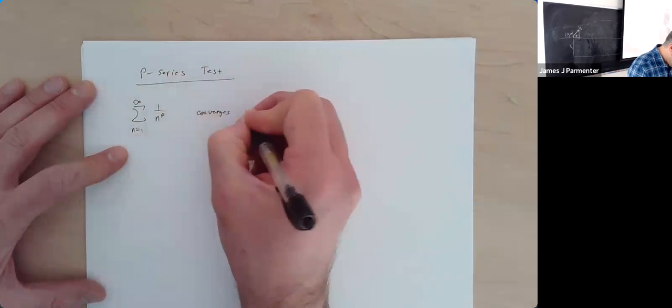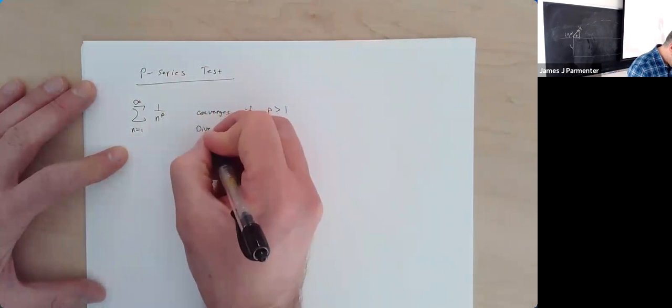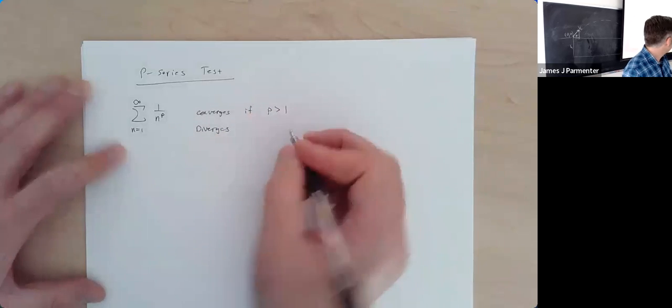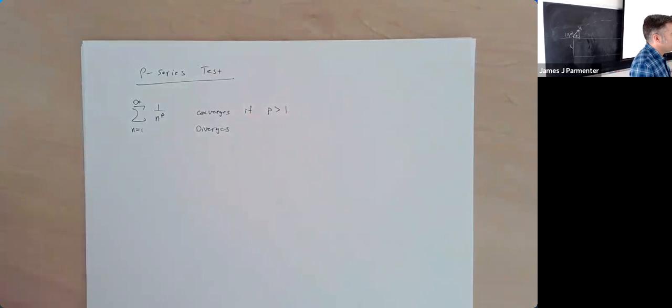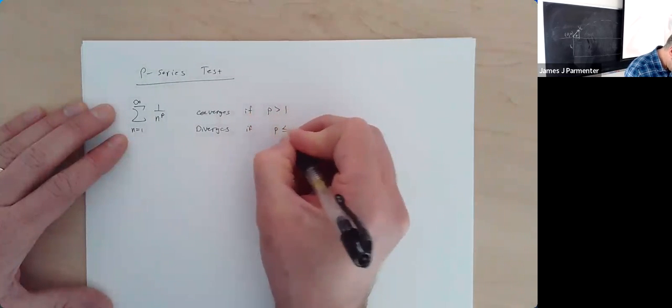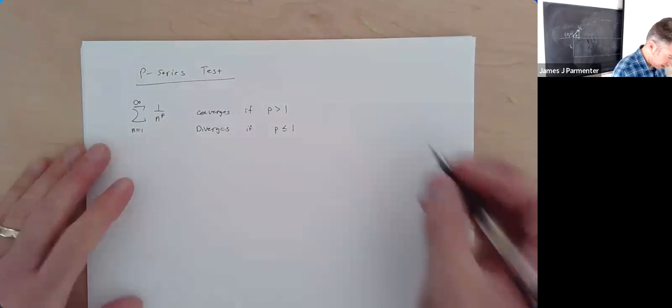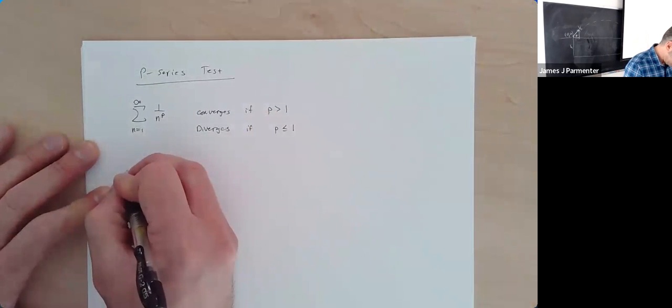converges if p is strictly greater than 1, diverges. Some people like to say if p is between 0 and 1, you don't really need to include the 0 part, although you can. I like to say just if p is less than or equal to 1. Because if p is negative, this certainly diverges.